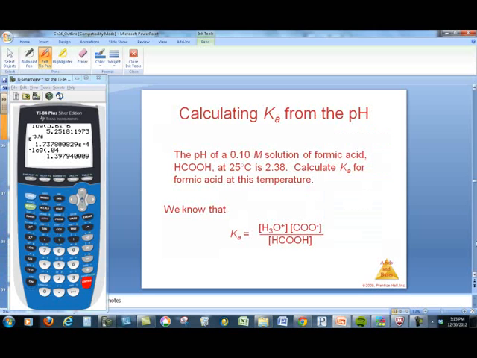All right, so I can calculate Ka from the pH. So if I have a pH of 2.38 of 0.1 molar formic acid, and it's 25 degrees.